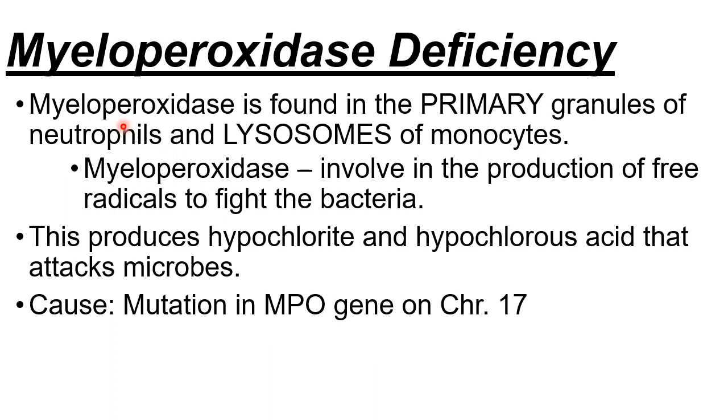Okay? So, magpapalito with the two conditions, CGD and myeloperoxidase. Another importance of your myeloperoxidase, this is an enzyme which produces your hypochlorite and hypochlorous acid, which supposedly affects the membrane of the bacteria.